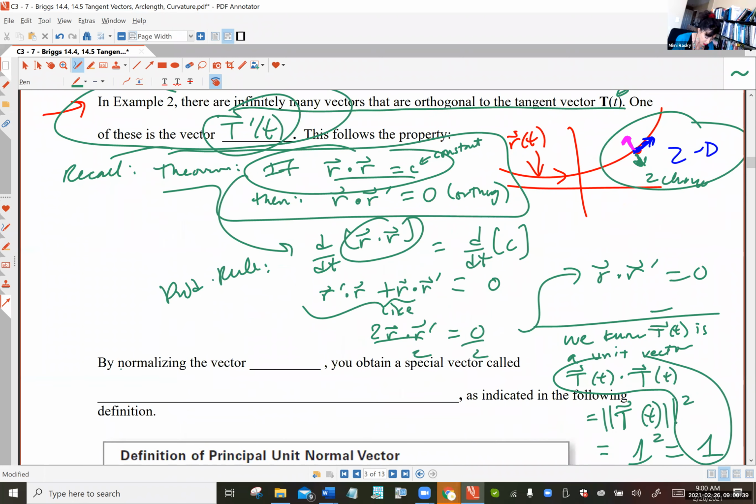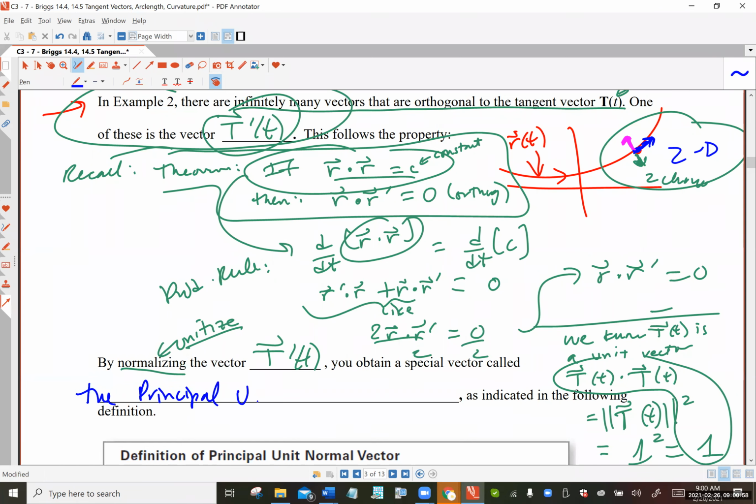Now, if we normalize, which is a fancy word for unitize, the vector big T prime, you obtain another special vector, special to Calc 3 as well as physics: the principal unit normal vector. Here's the definition.